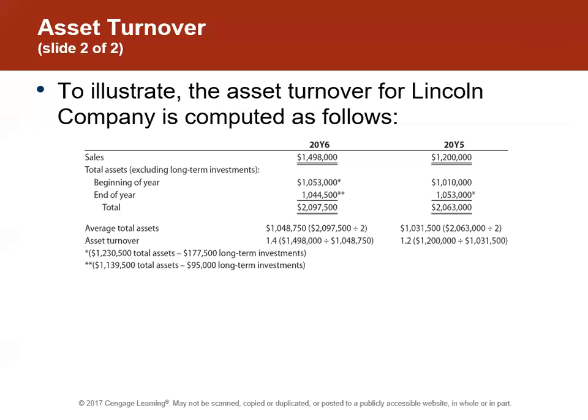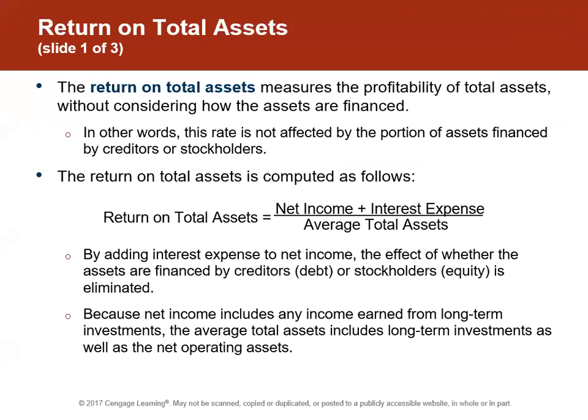Let's talk about return on total assets and we'll do the little practice. Return on total assets measures the profitability of our total assets, and we're not considering how the assets are financed. To calculate it, we take our net income and add back the interest expense, which eliminates any worry about whether they're financed by creditors or stockholders.